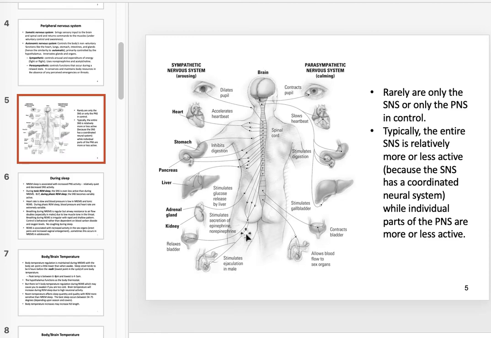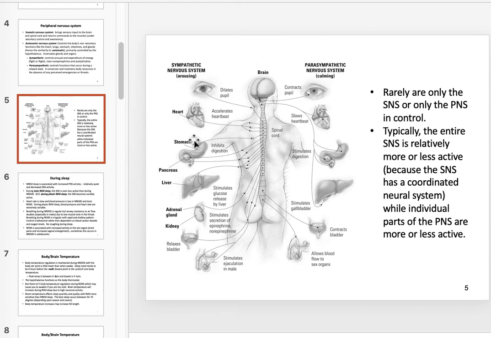Now, this once again is an idea of all the different things we're talking about that need to be innervated or controlled by neurons and by neuronal activity, or neurons communicating information from the brain and spinal cord. And it's things like your heart, your pancreas for insulin, your adrenal gland for cortisol, your liver.